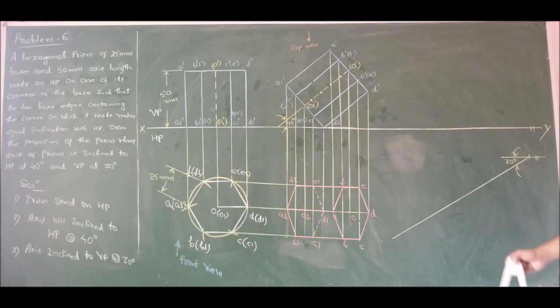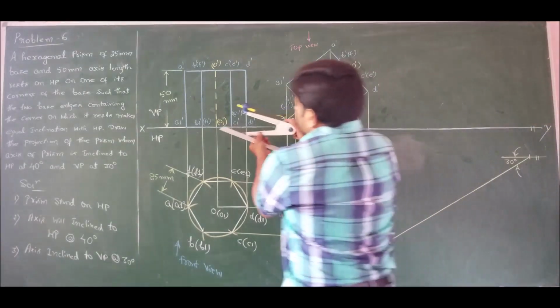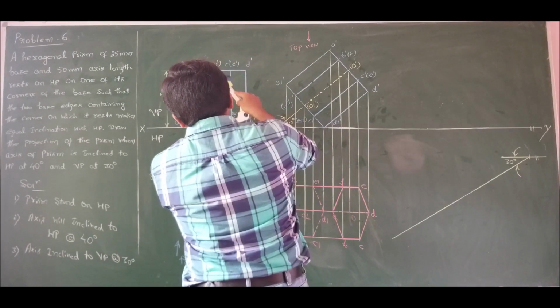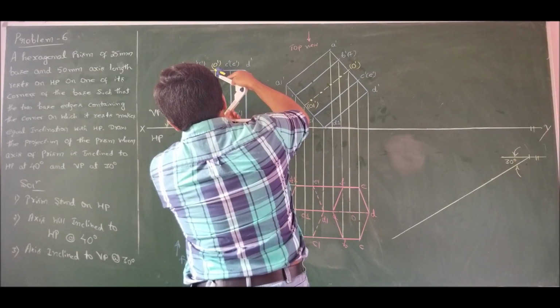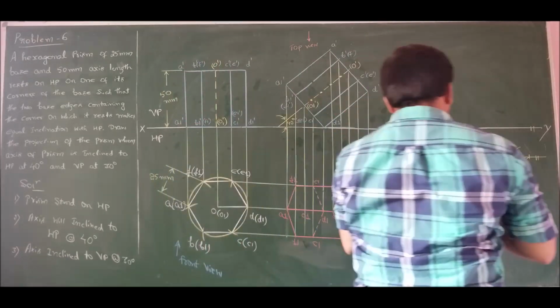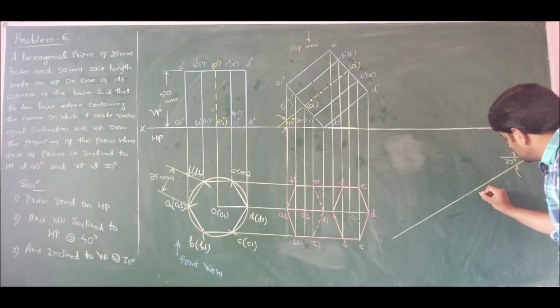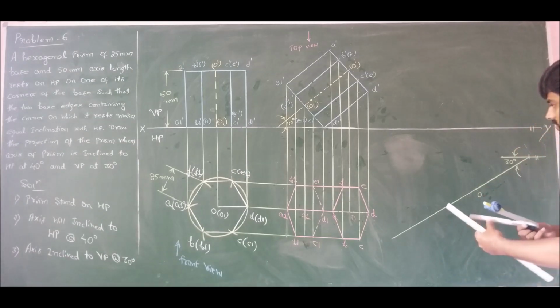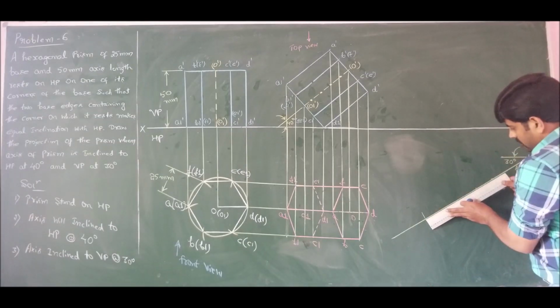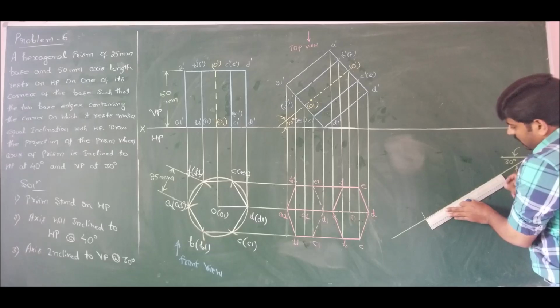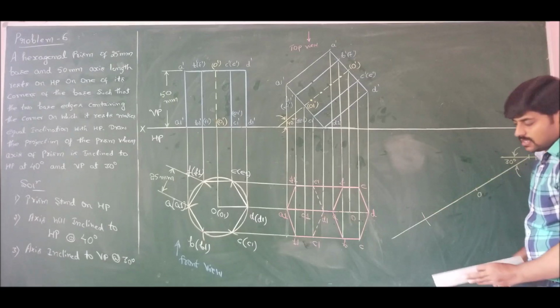Now, on this 30 degree line, which is inclined to vertical plane, mark the true length of the axis. Let us fix O and I have marked the true length of the axis.